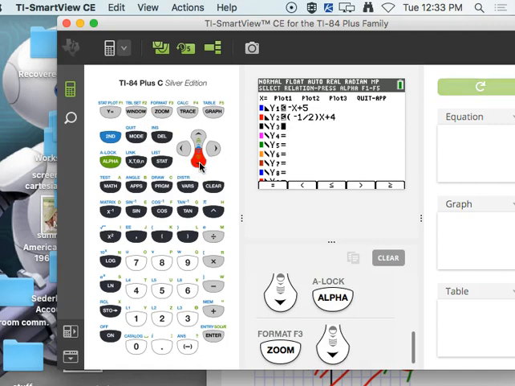We have the negative x plus 5, and then we have negative 1/2 x plus 4. Oh, to get these, you have to hit alpha, and then the button is here. So the button is alpha 1. Remember, to get that to change to an inequality, you hit alpha, and then you hit the button that's right underneath which inequality you want.